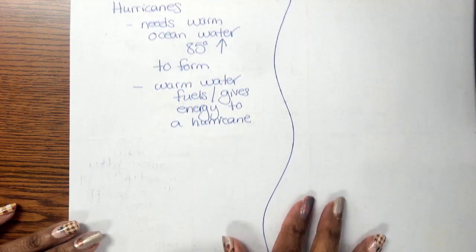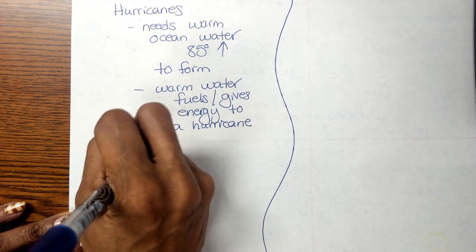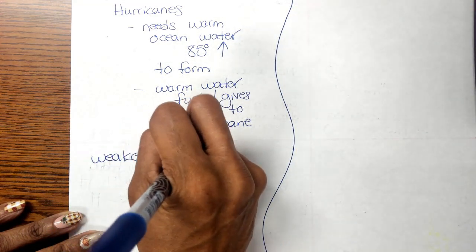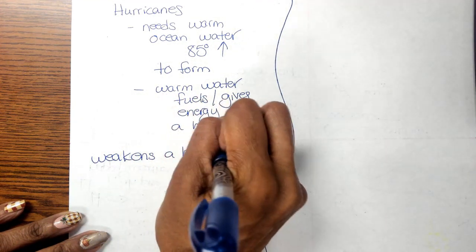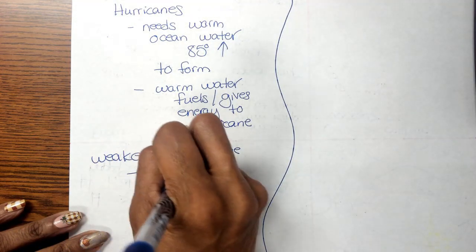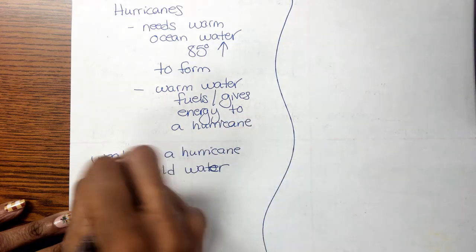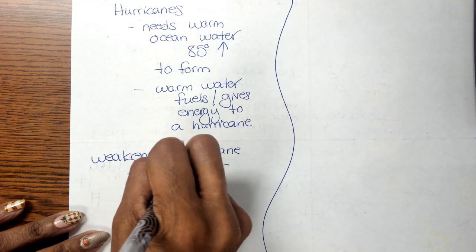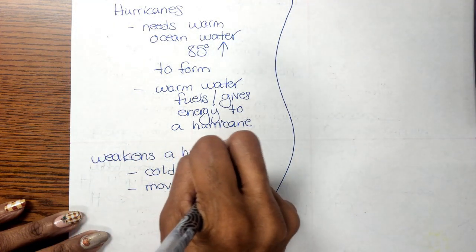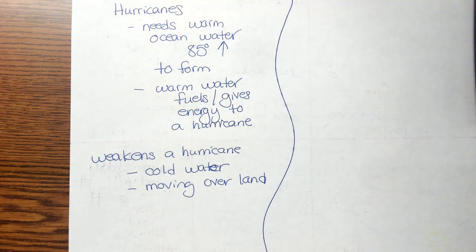Okay. What weakens a hurricane? Cold water. And moving over land. Okay. These two things will weaken a hurricane.